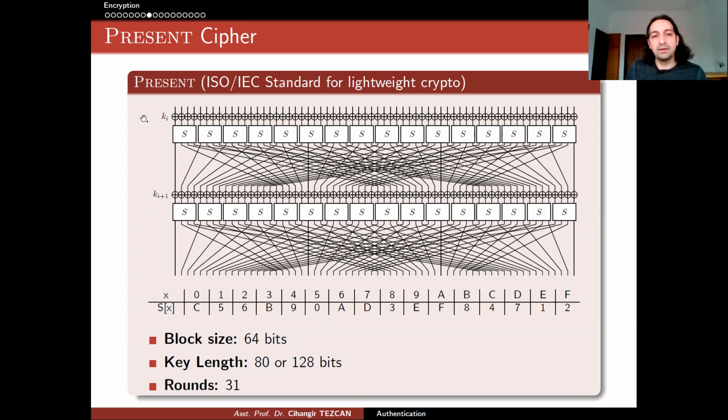You XOR it with the initial round key. This operation is the XOR operation, an exclusive OR, which is actually an addition in modulo 2. So it means that 0 XOR 0 is 0, 0 XOR 1 is 1, but 1 XOR 1 is 0, and there are no carry bits.